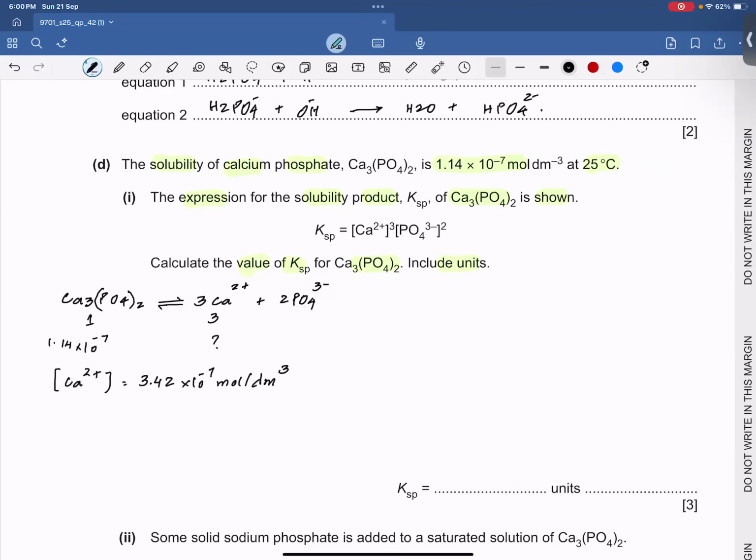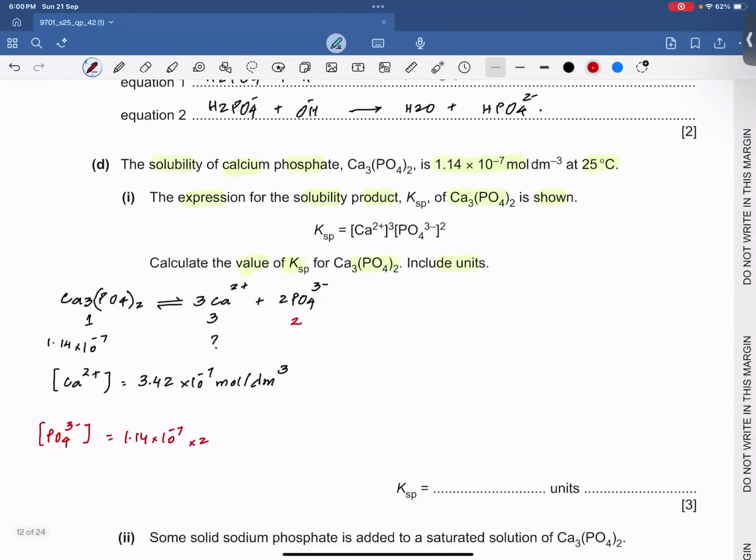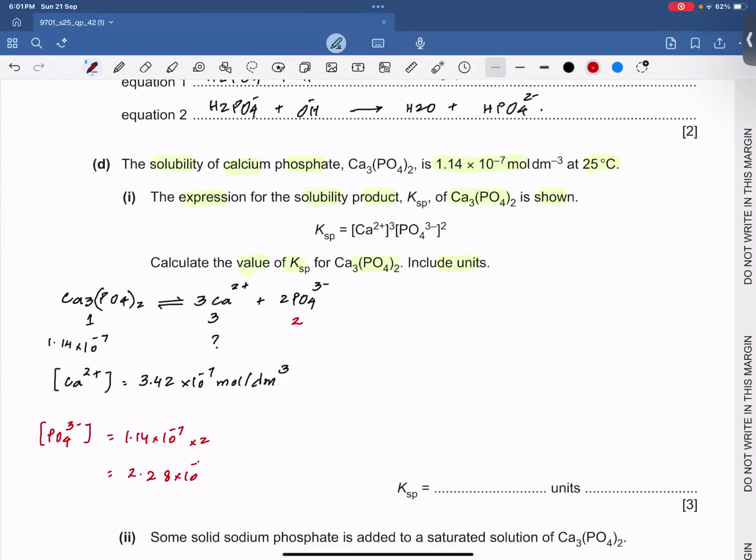Now in the second step, we know that calcium phosphate and phosphate ion have a 1:2 ratio. Let me get the concentration of phosphate ion. So it's basically 1.14 into 10 to the power minus 7 into 2. So it's going to be 2.28 into 10 to the power minus 7 molar.